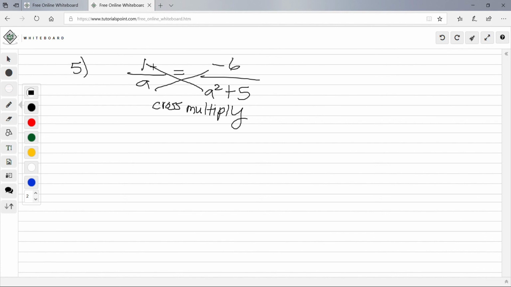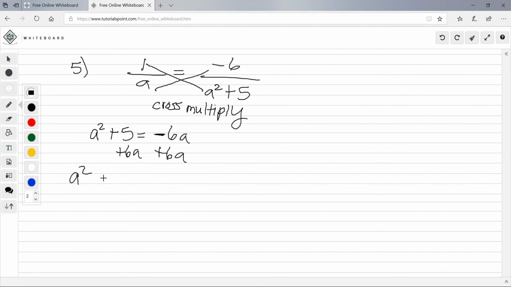So it's 1 times a squared plus 5 is a squared plus 5, right? 1 times that, and then equals negative 6 times a, which is negative 6a. We have to solve for a, so I'm going to get this side 0, so I'm going to add 6a.